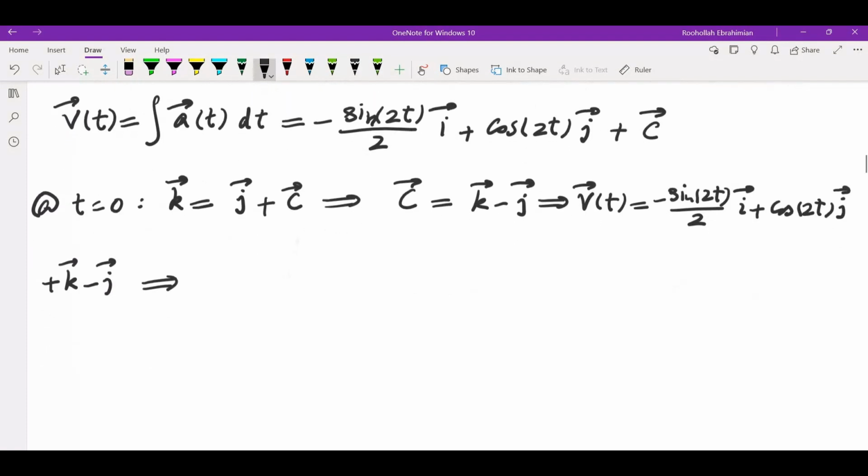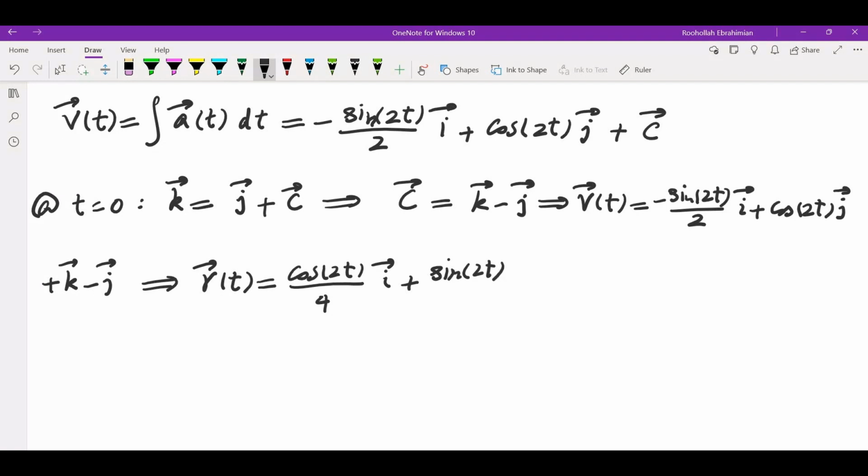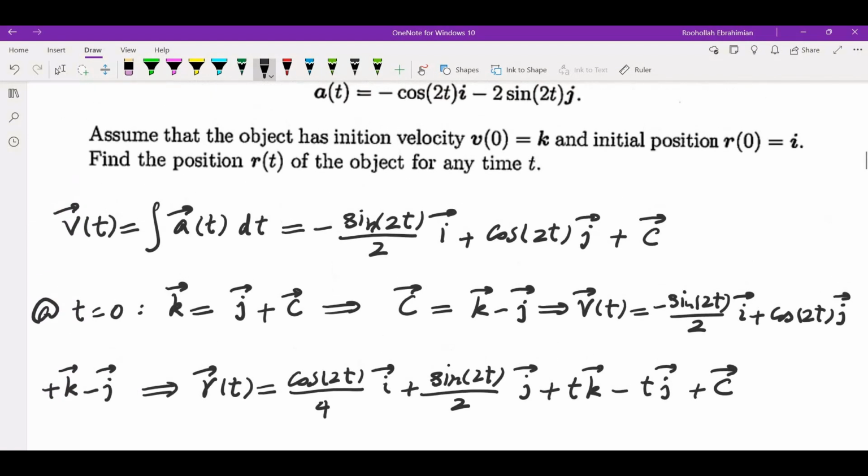We'll integrate this one to get the position. So r of t is going to be, the integral of negative sine becomes cosine, but there's a 2, so we have to divide by 2. So we get cosine of 2t over 4 i plus sine of 2t over 2 j plus tk minus tj, and of course again plus a constant vector.